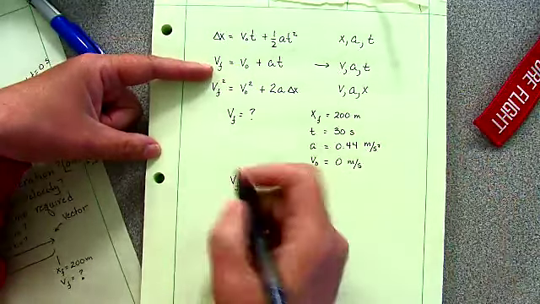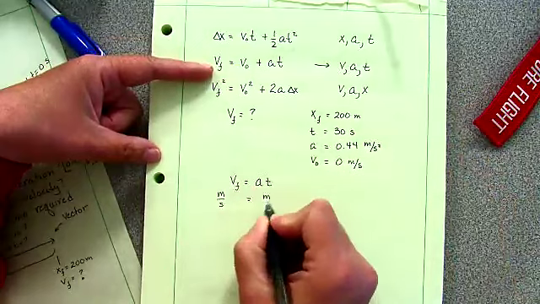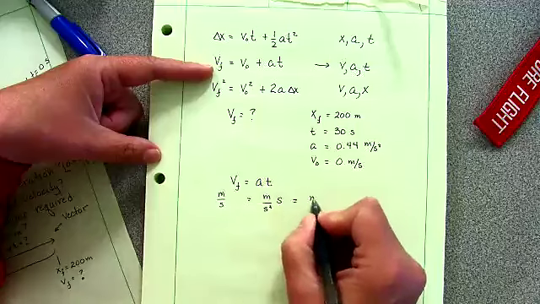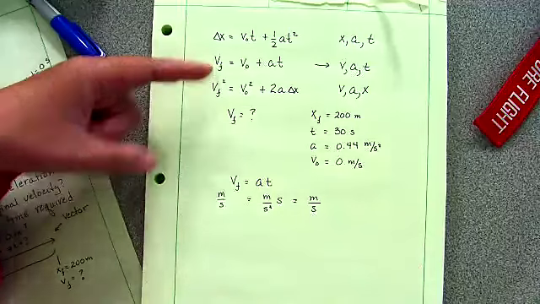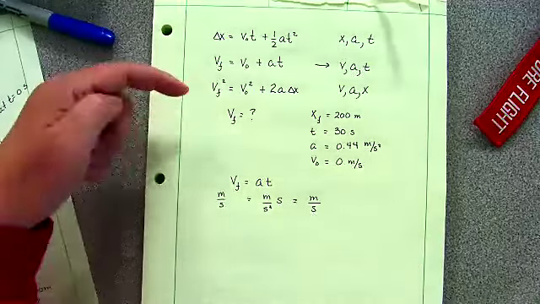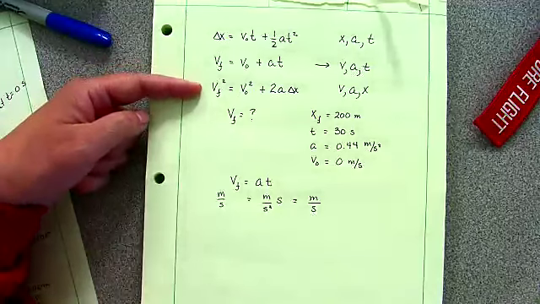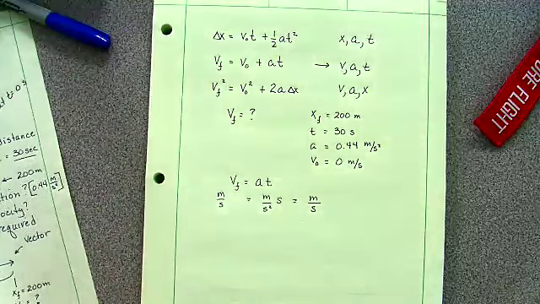We know velocity needs to be in meters per second. My acceleration is in meters per second squared times time, which is seconds. This gives me meters per second. So my units are all going to work out. That's a pretty straightforward way to do it. But I could have also used this one. It's not out of the realm of possibility.